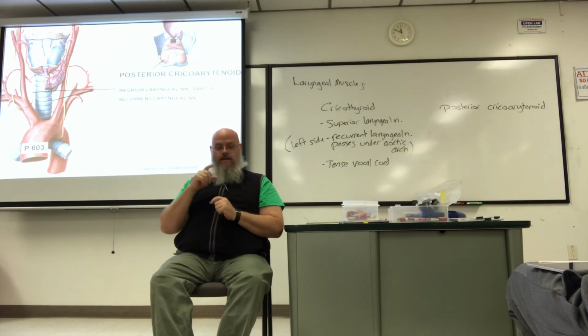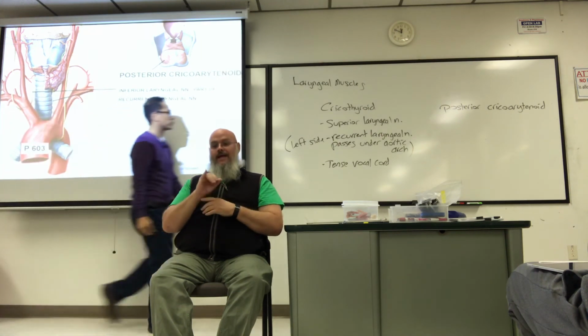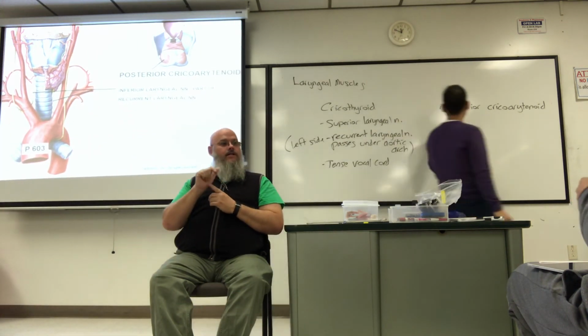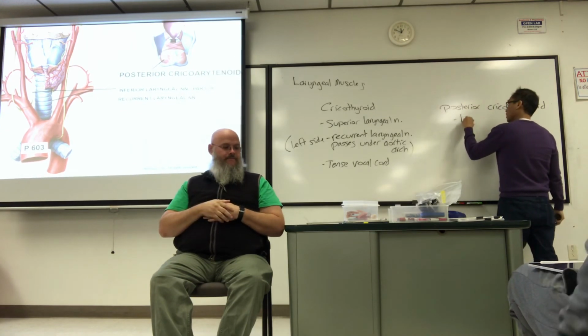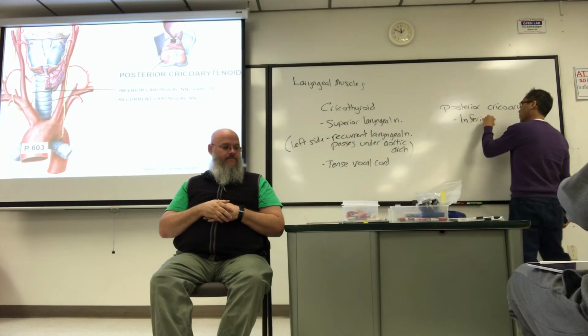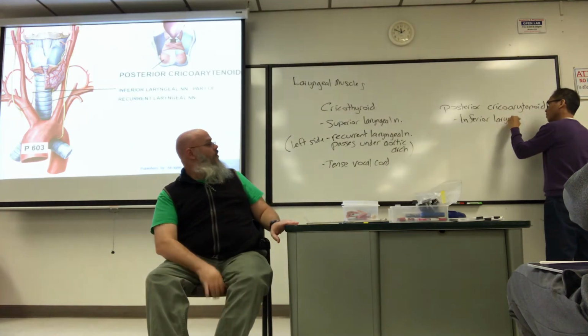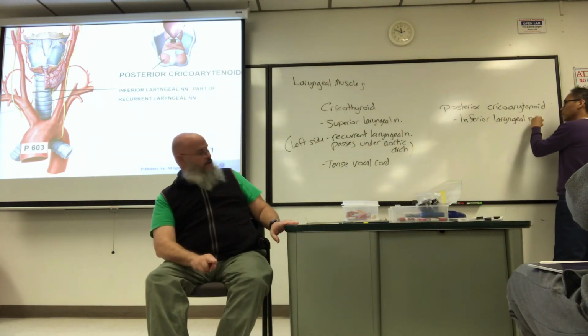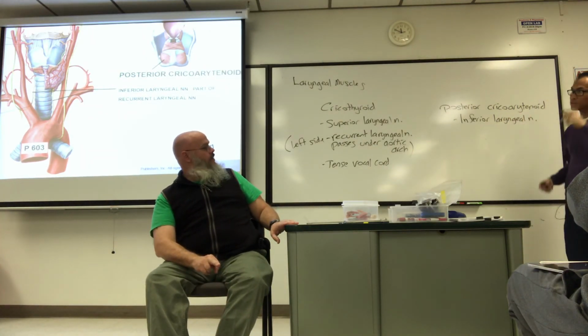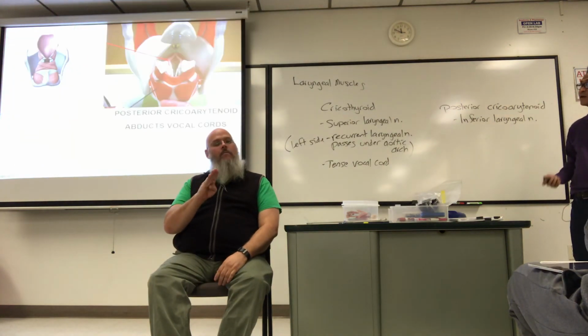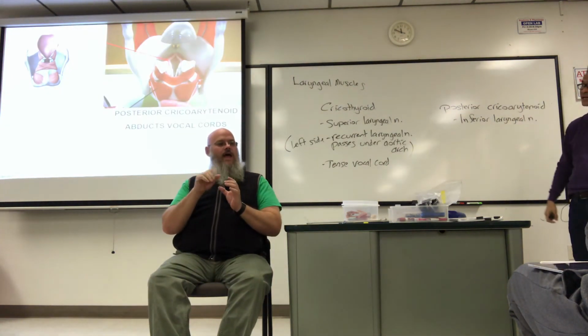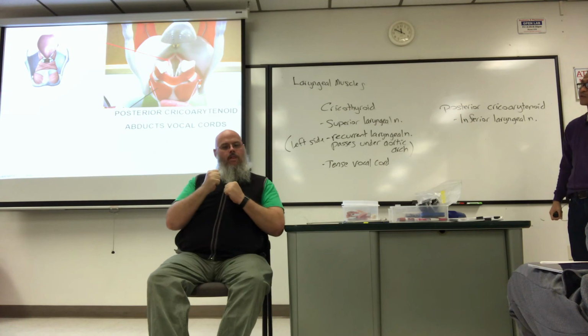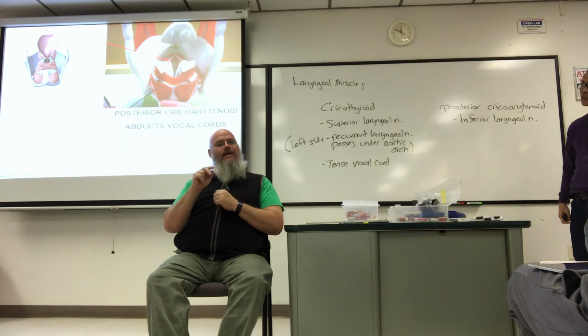Now, the one on the back I want you to know is the posterior cricoarytenoid. It's innervated by the inferior laryngeal nerve, and it abducts the vocal cords. That's its job. It pivots the arytenoids, so that's me pulling on the arytenoids, making them pivot to abduct the vocal cords.